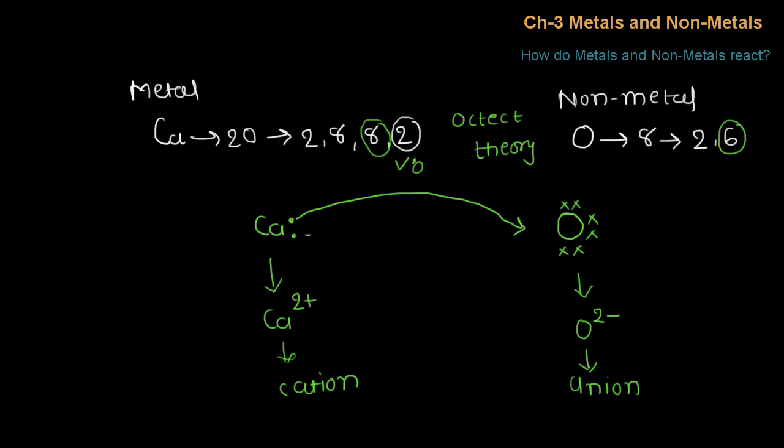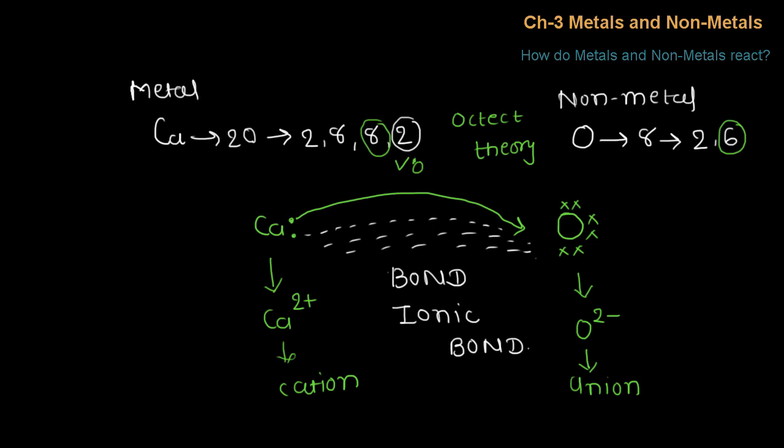As we know, there is a force between these 2 ions. Can you remember that name? In physics we call it electrostatic force, and in chemistry we call it electrovalent force. We can also say a chemical bond, and since it is made of ions, we can say an ionic bond. After combining, they will become CaO, calcium oxide.